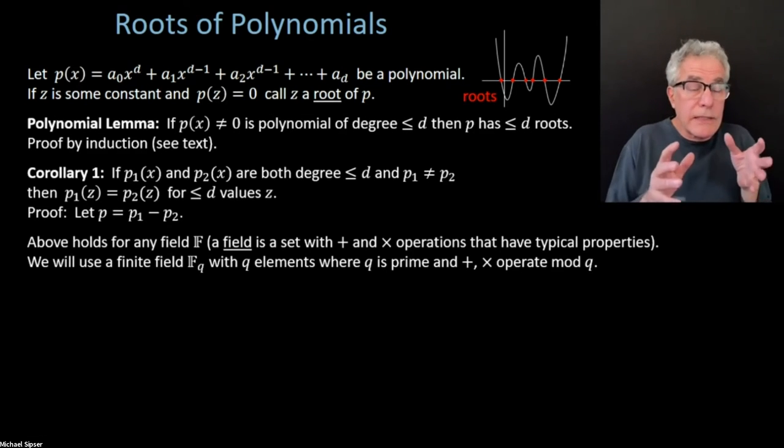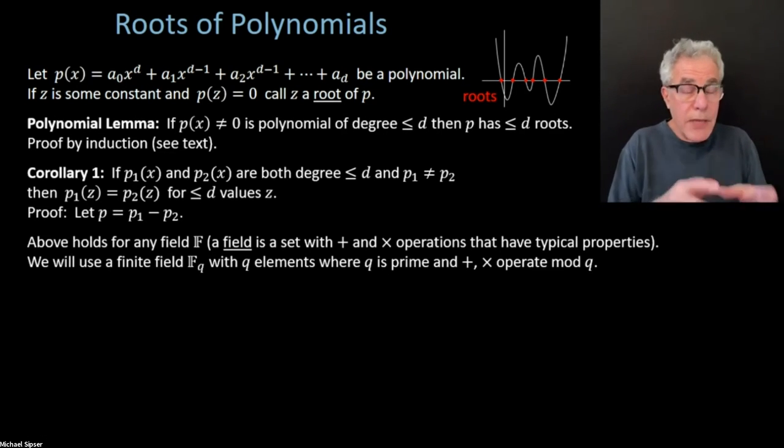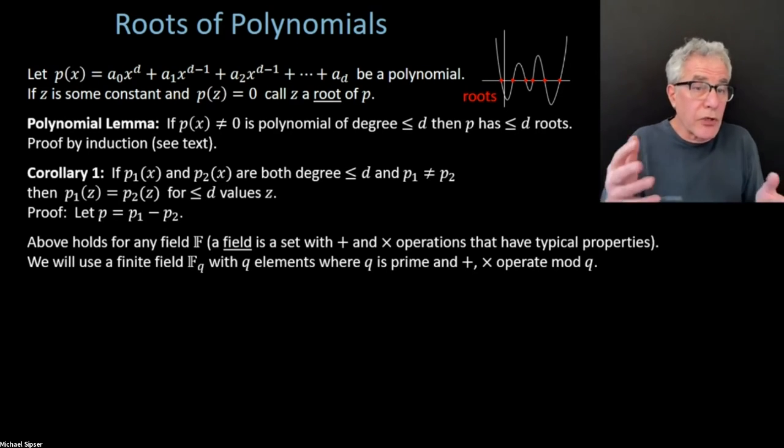And then we can in a natural way pick a random assignment to a variable from the field, because it's just choosing from among q possibilities.